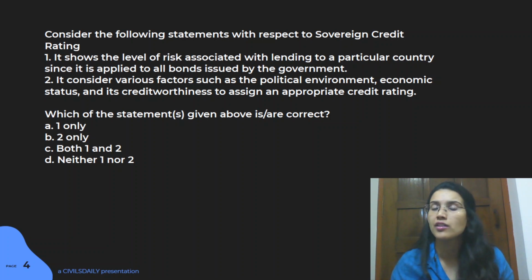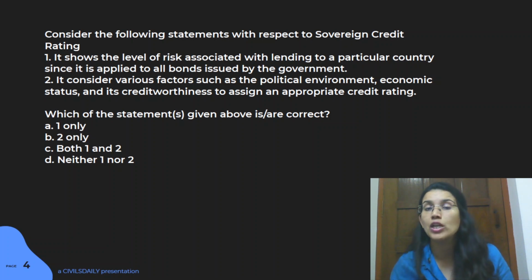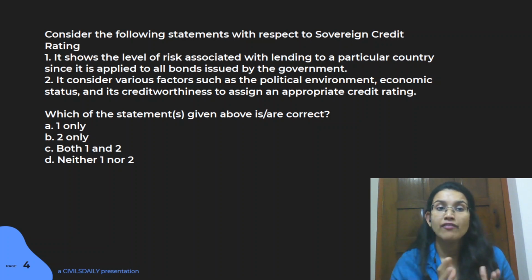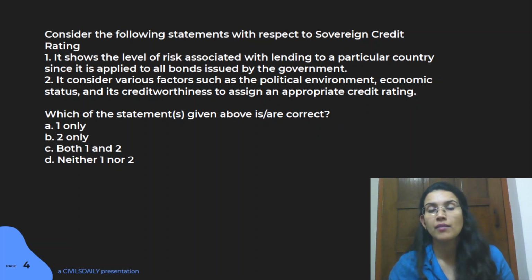For Standard and Poor's, anything at BBB minus or higher is a good investment, and anything at BB plus and lower is a junk grade. For Moody's, that becomes Baa3. Anything higher than that is a good investment, and anything lower than Ba1 is a very risky investment. So that is the basic idea behind sovereign credit.